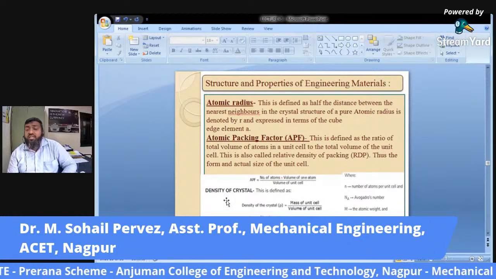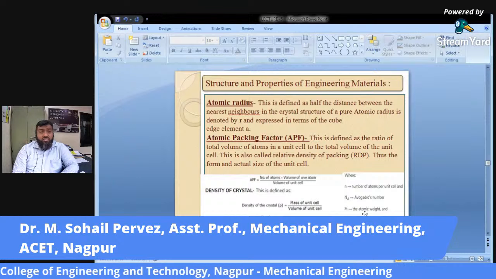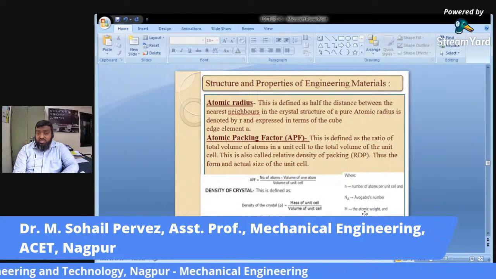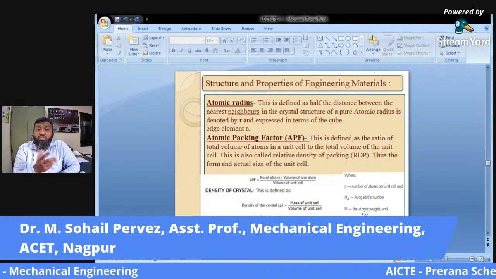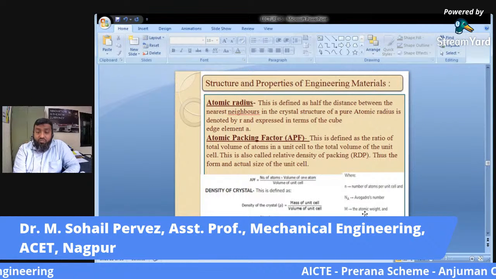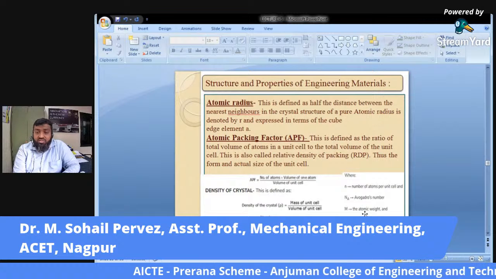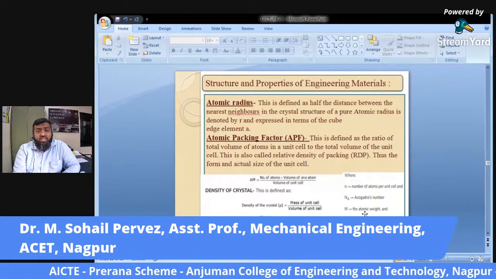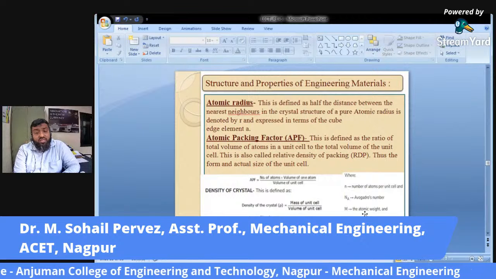The next element is the density of crystal. Generally, what is density? We used to use this terminology in design, that is mass upon volume, of a material of a certain crystal. So density is again the same thing, mass of unit cell upon volume of unit cell.